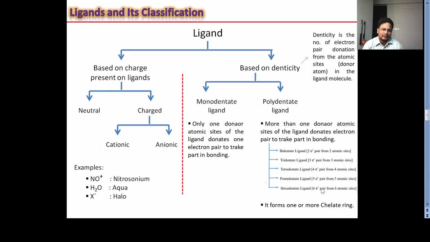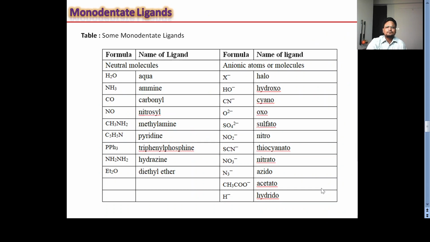Polydentate ligand shows an interesting property, that is chelation. When polydentate ligands donate their electron pairs to a metal, it forms a chelate ring, and such a process of forming a chelate ring is called chelation. It produces extra stability to the metal complexes, which will be discussed later in another class.